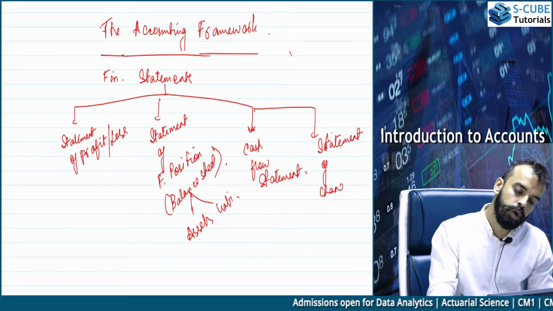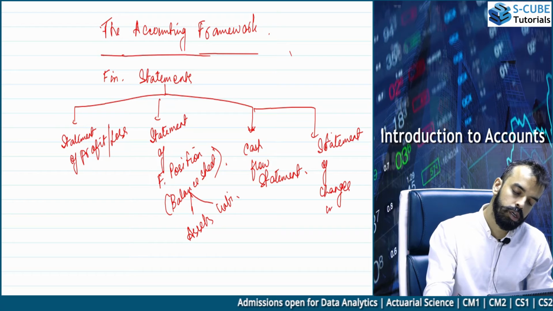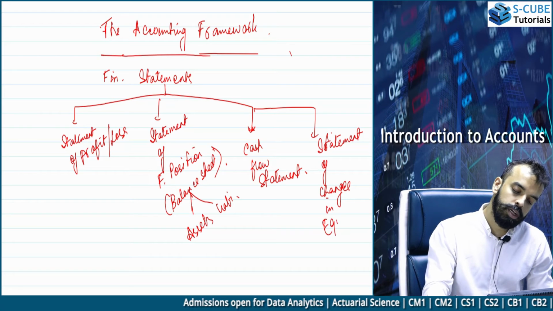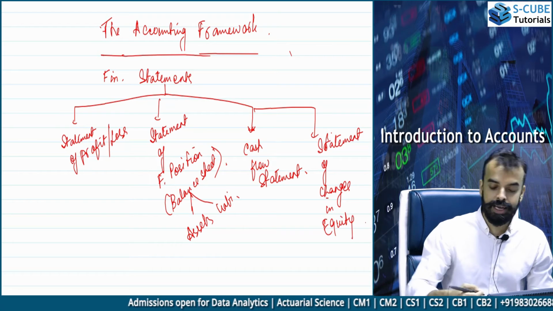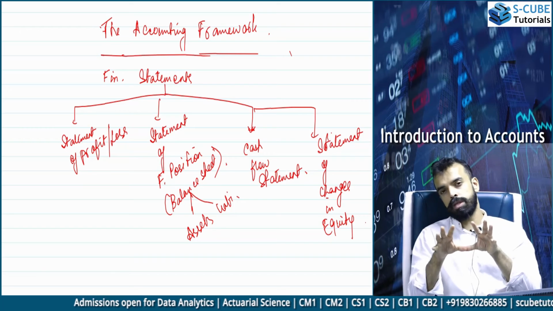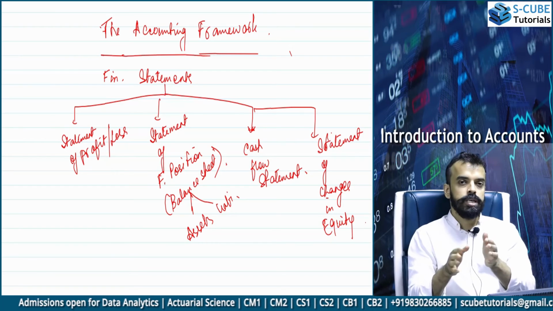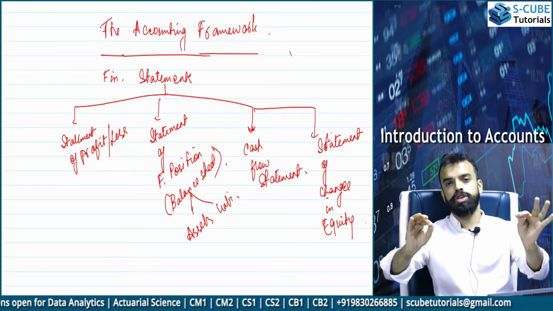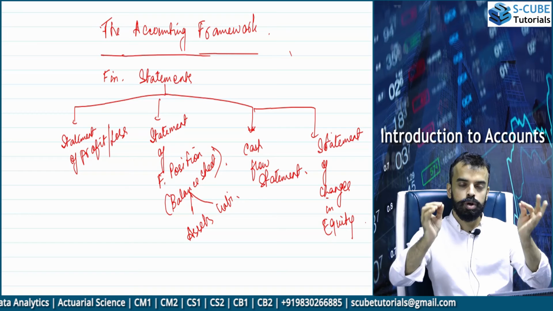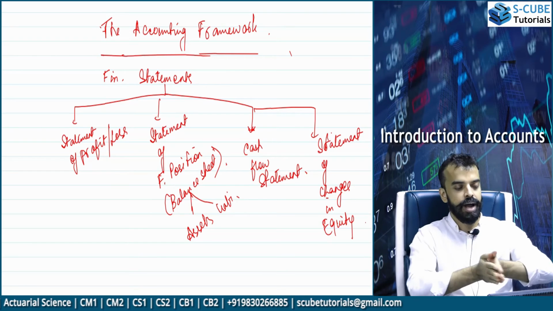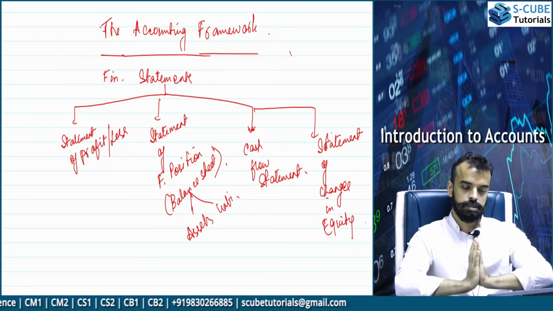These are the basic four things which a company will have to publish in its annual accounts, what we call financial statements, and financial statements are these four things.